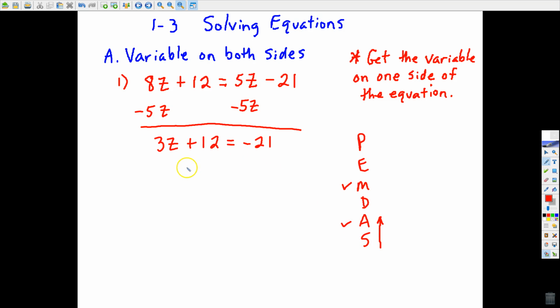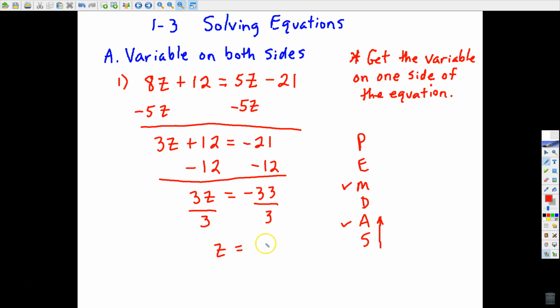So my first step in solving for z is to subtract 12 from both sides. And I'm left with 3z is equal to negative 33. And then the only thing left is to undo multiplication. And you can either undo multiplication with division, or you can undo multiplication with multiplication of the inverse of the coefficient.